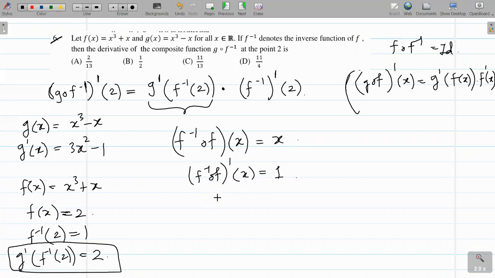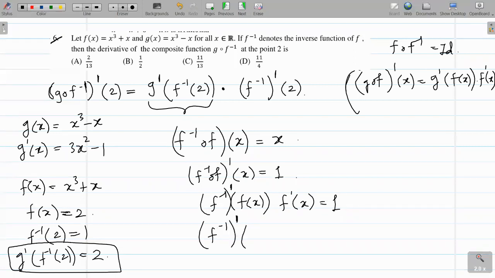So in that sense, you have f inverse dash of fx into f dash x is 1, and this tells me f inverse dash at fx is equal to 1 upon f dash x.